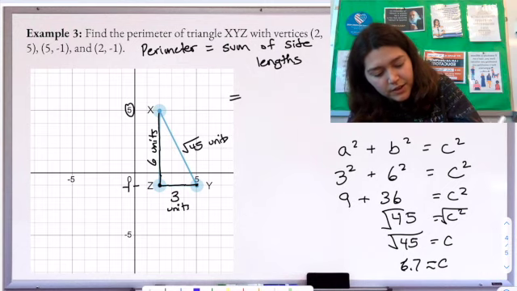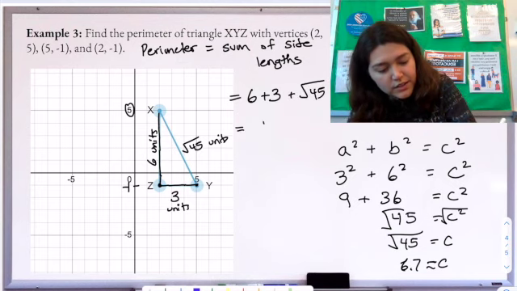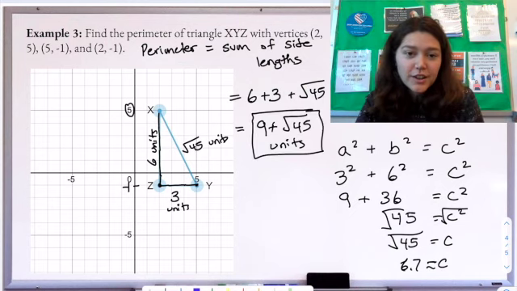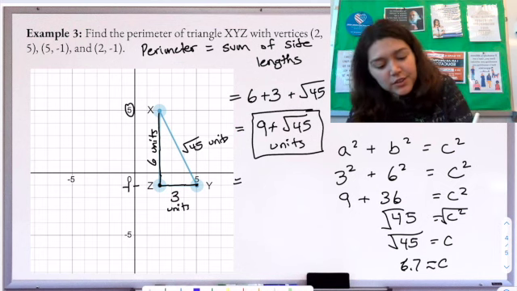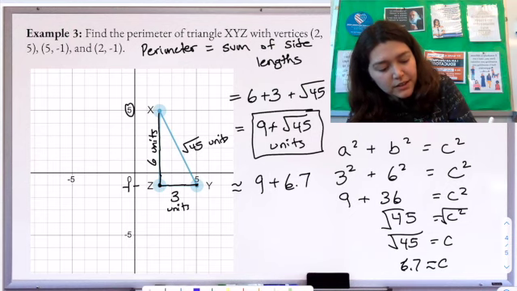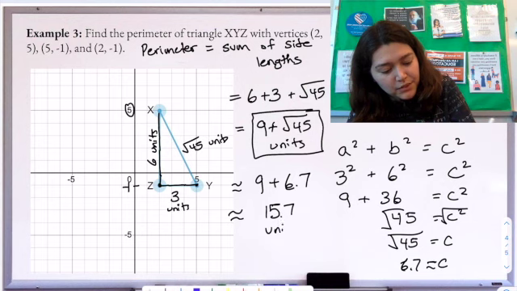Okay, so we have 6 units plus 3 units plus the square root of 45 units. 6 plus 3 is 9, so we get 9 plus the square root of 45 units. Okay, that is the exact perimeter of this figure, but often it's useful to get a rounded answer, so we can do that as well. We do 9 plus 6.7, which is about 15.7 units.